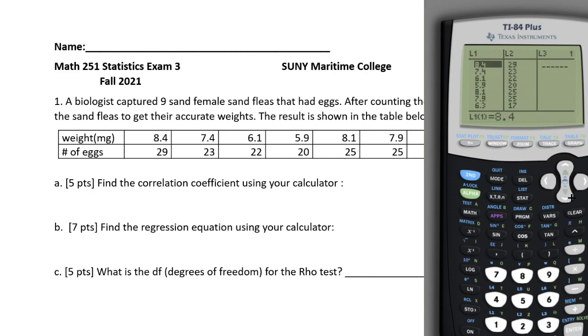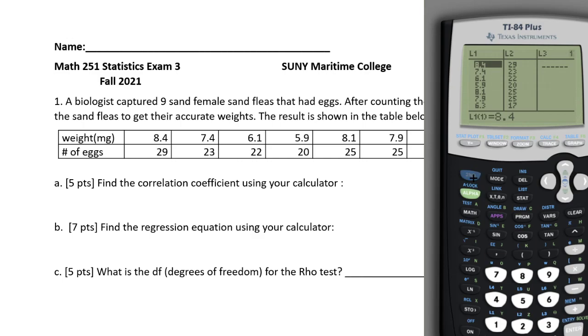I put all the numbers in here to save time. By the way, if you go way up to the list and then hit clear and then enter, then the entire list can go away. That's another thing that could help you if you have many other lists before you put in this.